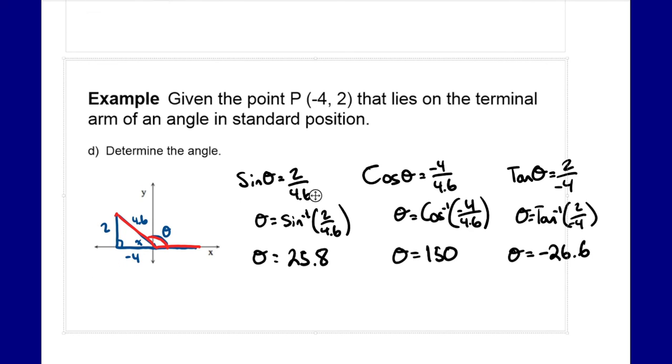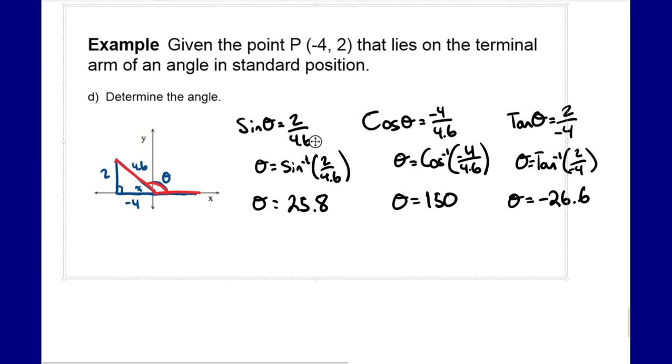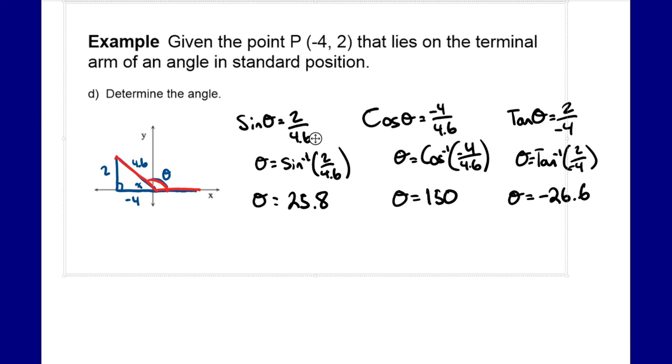The reason we have 3 different answers comes down to the fact that we're dealing with some negative numbers. Now, if we were to take our triangle or our terminal arm and draw it out, we have our axes here. We'll draw our terminal arm here.